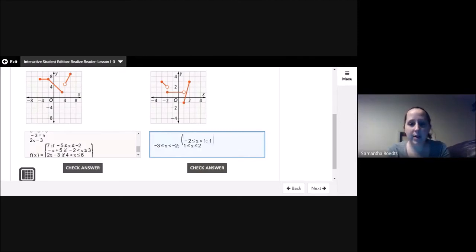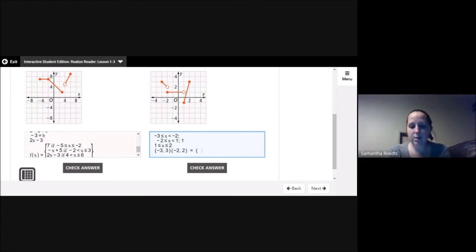For this one, I'm going to pick 2 points. Apparently, it's not going to cooperate, so I'll come down here. My first point is -3, 3, and then my second point is -2, 2 to figure out my slope.